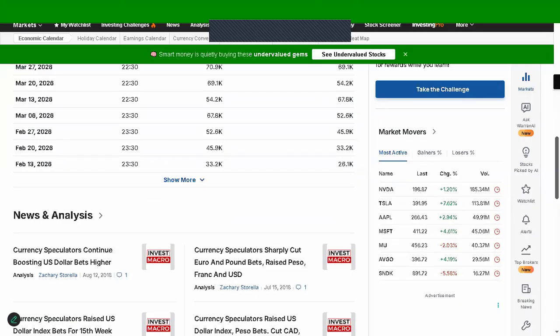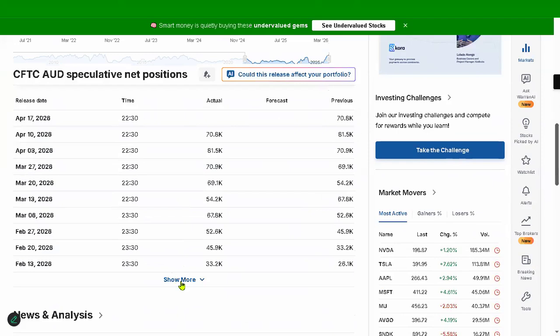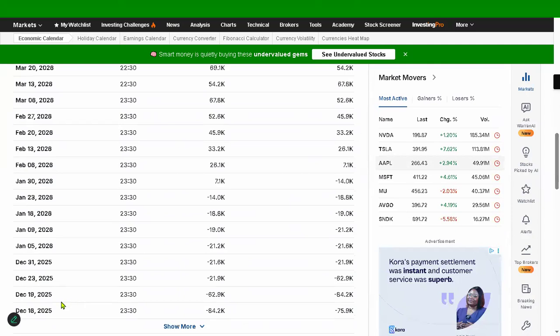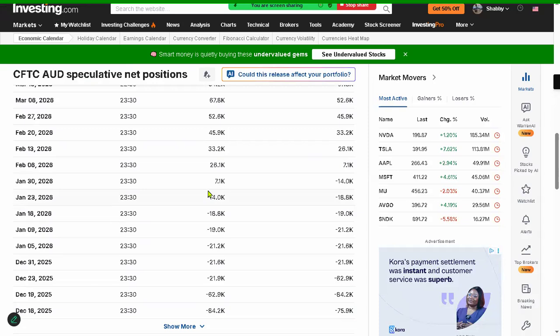Look at this. We're going to look back. Look at these numbers here. You see, from December 2025, AUD was weak at negative 84K, and it changed around in January. It got positive 7.1K. Institutions were putting in long positions, and it started since that time from January.